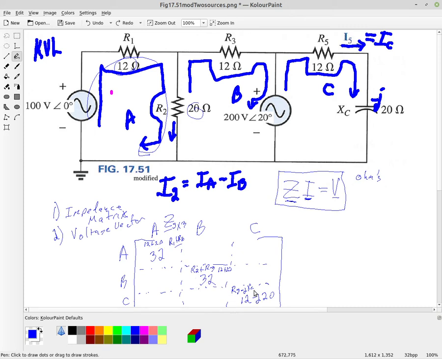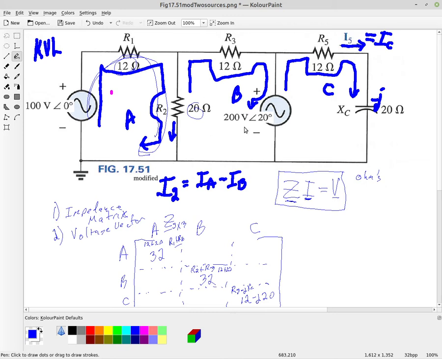All right, so there is my column. So in your, or my diagonal, sorry, there is the diagonal of my matrix. So what you're looking for is A and A, and B and B, and C and C, and all you have to do is just look through that loop and add all the impedances.